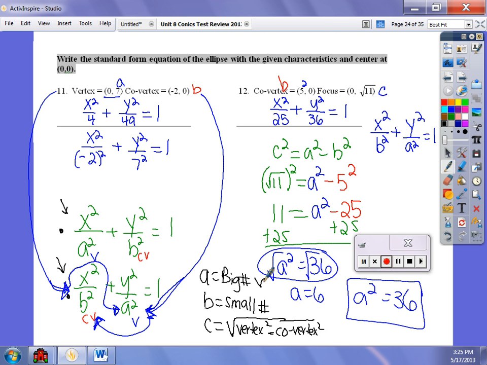So remember, this is your vertex, this is your co-vertex. Remember, if you need to figure out which one to use, if the vertex starts with 0, it's going under the y. If the vertex ends in 0, it's going underneath the x. And remember, for this picture, it's going to be more horizontal. For this picture, it's going to be more vertical. Oh, and also remember the formula for focus.